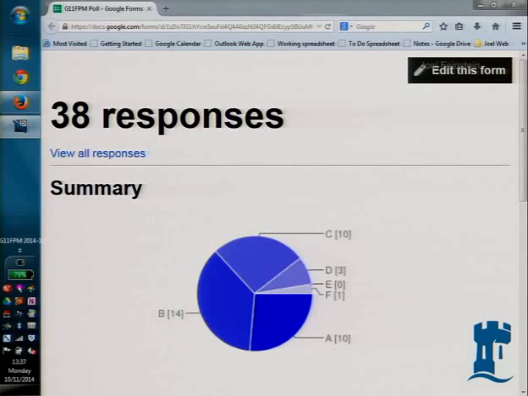Mostly split between A and B, and C, quite a good minority. You're really not sure about this one, okay? And a scattering of other answers as well.